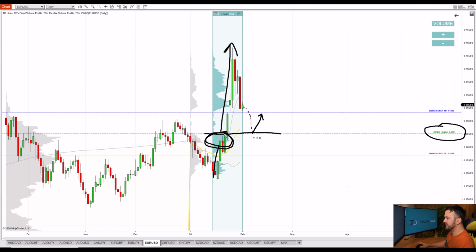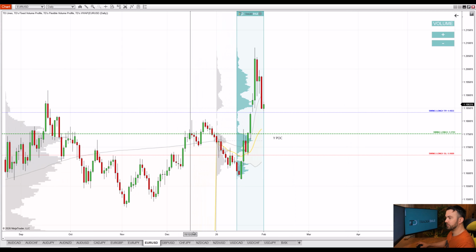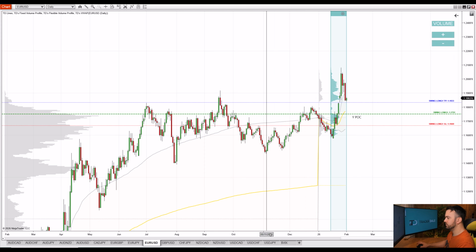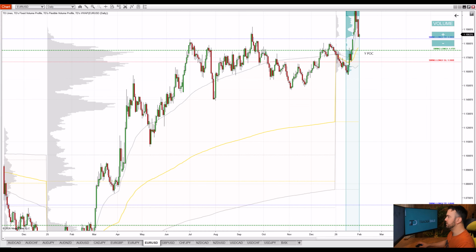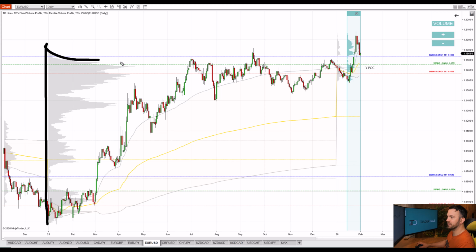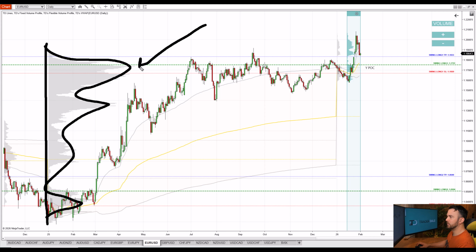Now, apart from this heavy volume cluster, there's also a yearly point of control. If I zoom out a bit to show you how the volumes are distributed the whole previous year, you can see that on this yearly volume profile, the heaviest volumes were right here.